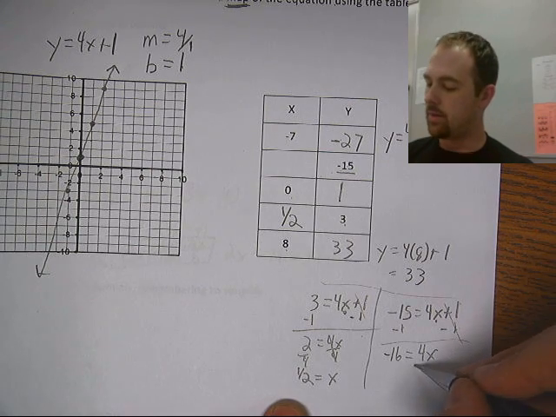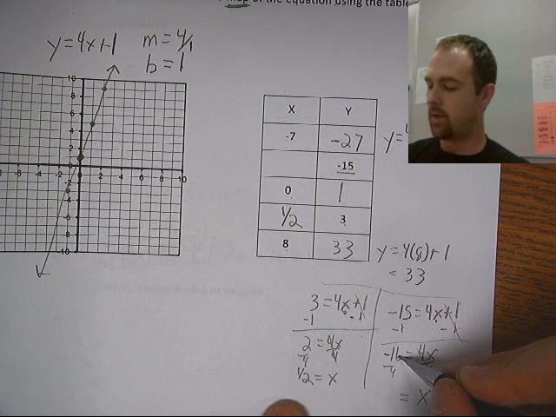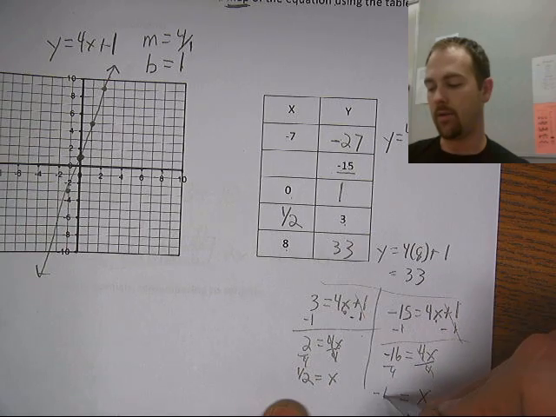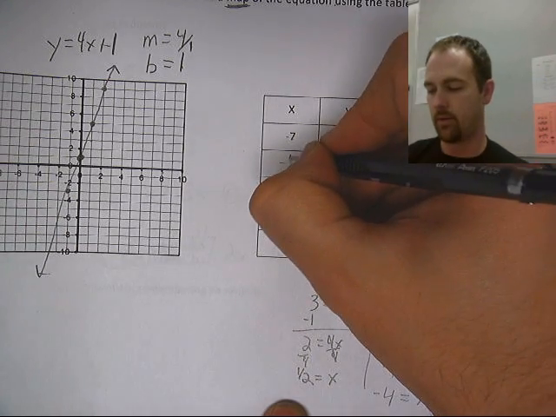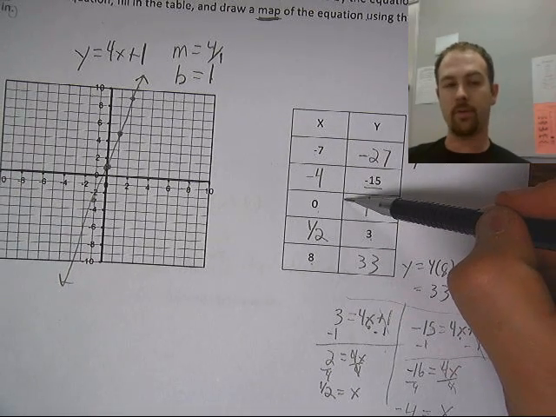Now, divide by 4, the 4s cancel, x equals negative 16 divided by 4 is going to be negative 4. So negative 4. All right, we have our table filled out.